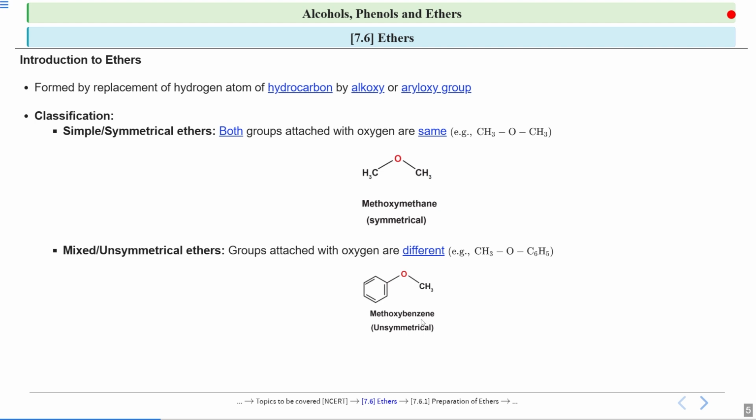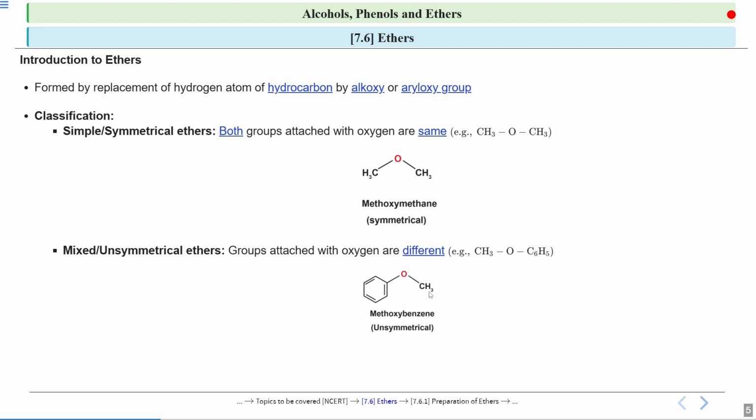Now, if I name this according to IUPAC nomenclature, the one which has the longest carbon chain is your alkane. If you see here, benzene has 6 carbon atoms. So this benzene part will be your alkane part. And then this O and R group will be your alkoxy part. Here it is 1 carbon atom only, so the root word will be meth.